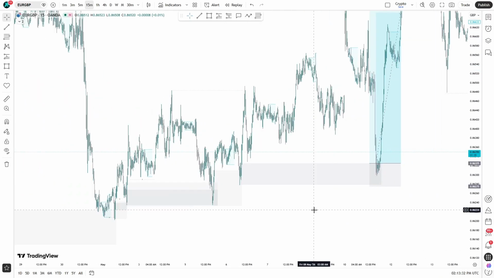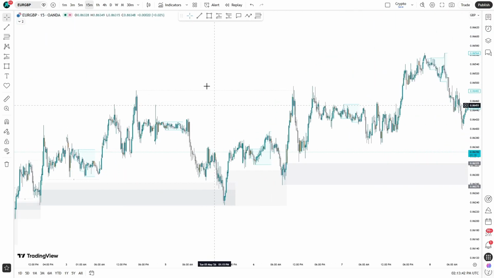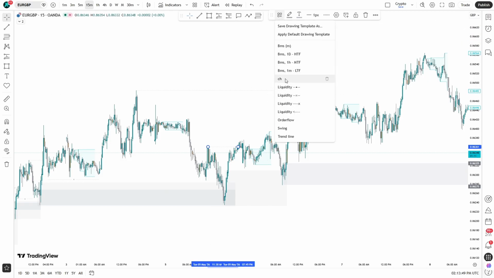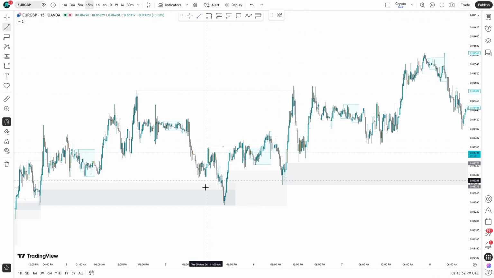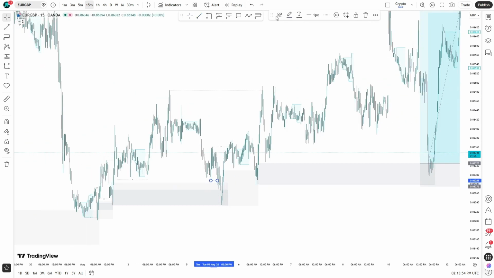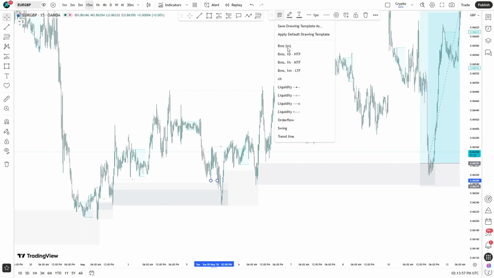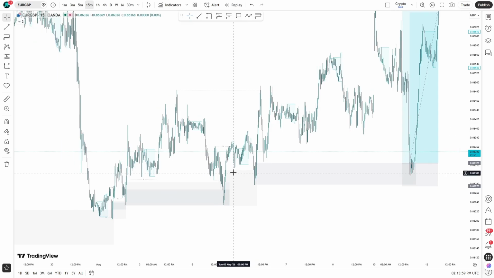So for this area, market actually did something. After market mitigated our previous trade with the 15 minutes refinement, we had a change of character again. We had a change of character here.